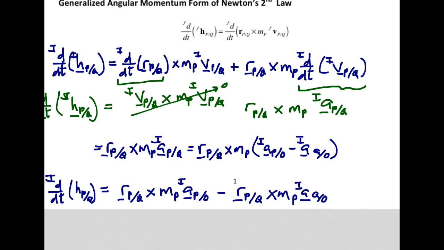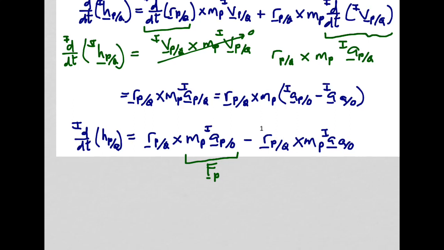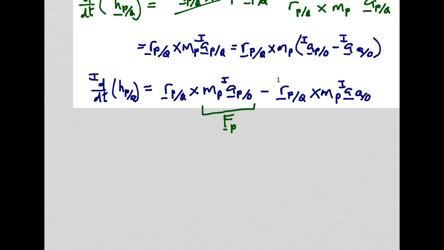And here you should see something that you recognize, which is the mass of point P multiplied times the acceleration of point P with respect to a point that's fixed in the inertial reference frame. That's nothing more than the sum of the forces that are applied to that point using Newton's second law. So there's where Newton's second law fits in.